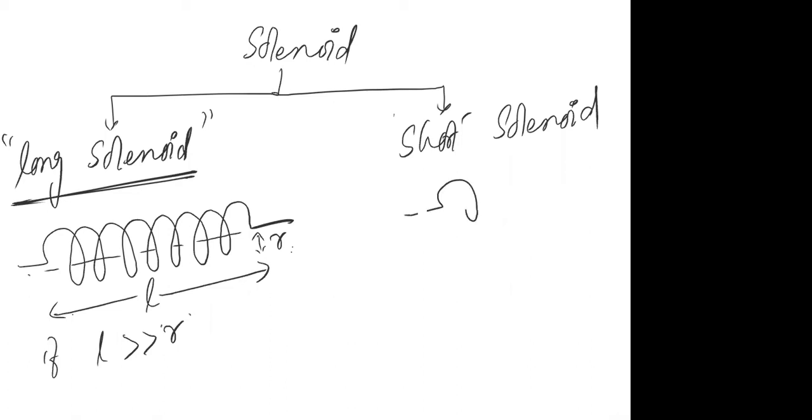On the other hand, if you have a solenoid whose radius cannot be neglected with respect to its length, then that solenoid would be called a short solenoid.